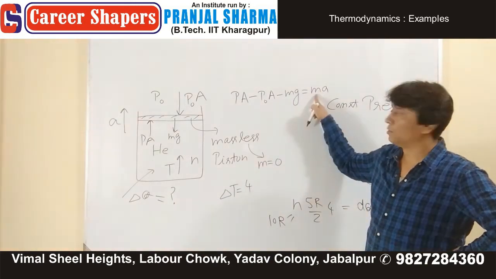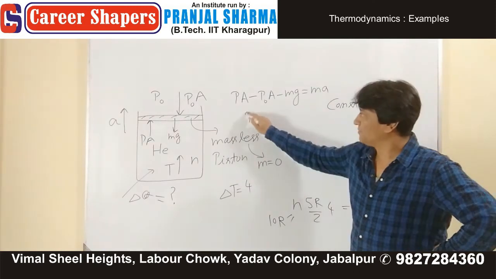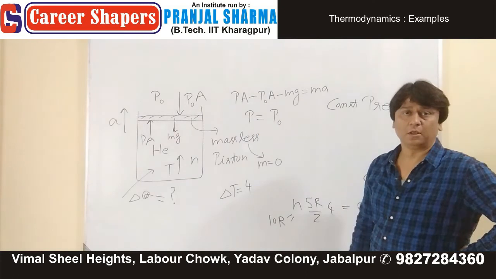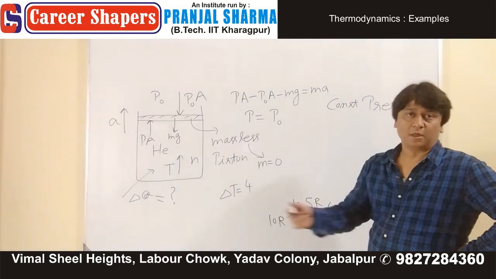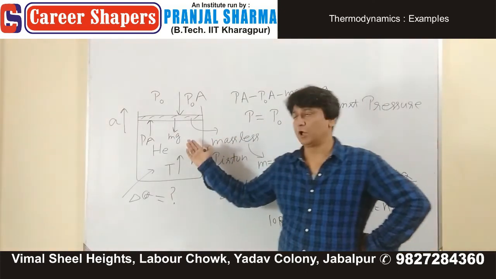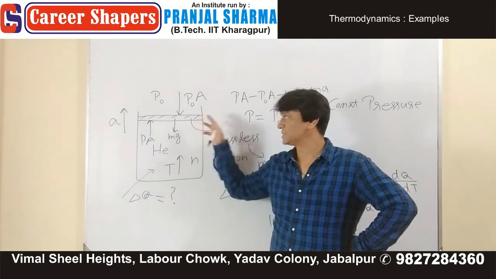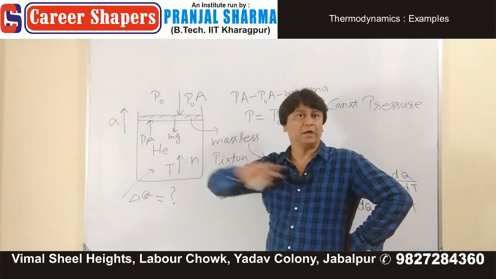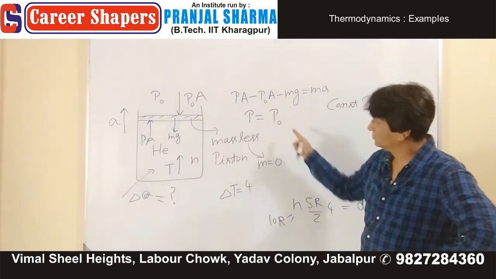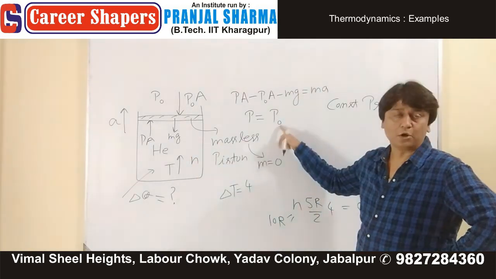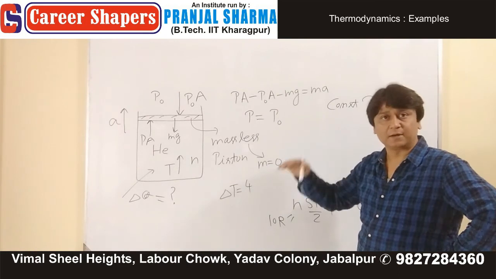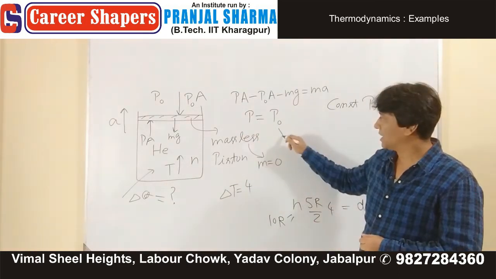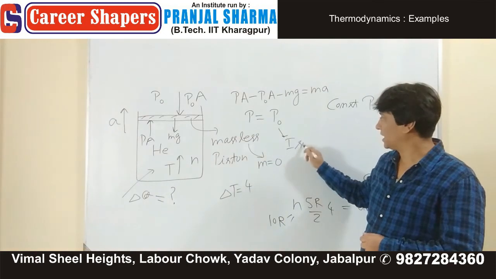It gives you P as what? P naught. That means whatever be the volume, since it's a massless piston, the pressure inside is always P naught. So a gas under a massless piston like this is nothing but an isobaric system.